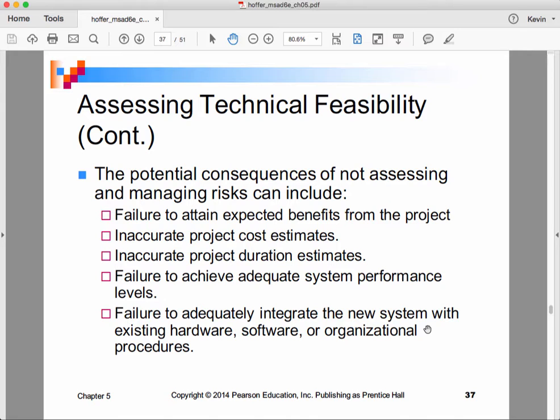The potential consequences of not assessing and managing the risks include a failure to obtain the benefits, incorrect cost estimates, incorrect duration estimates, not meeting the performance levels that you're expecting, or perhaps not being able to integrate the system into your organization.